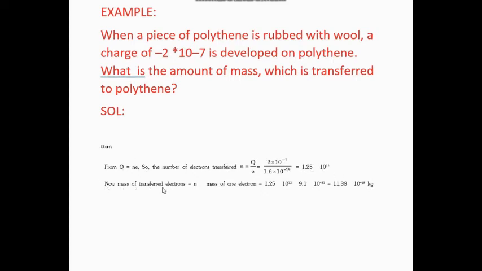Now mass of transferred electrons is equal to N times the mass of one electron, which is 1.25 into 10 power 12 into 9.1 into 10 power -31, equal to 11.38 into 10 power -19 kilograms.